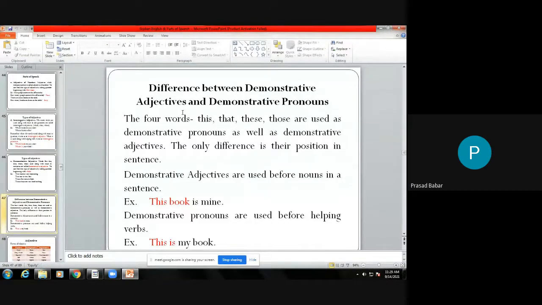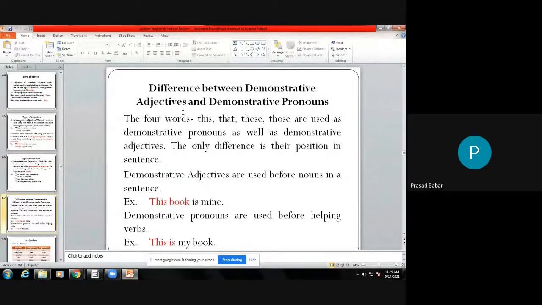We can use them as a demonstrative adjective also and as a demonstrative pronoun also. But what is the difference between them? The only difference is their position in a sentence. There is only one difference in them, and that is the position at which they are situated.